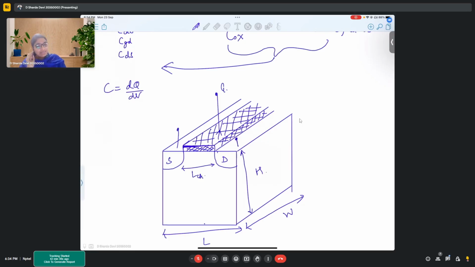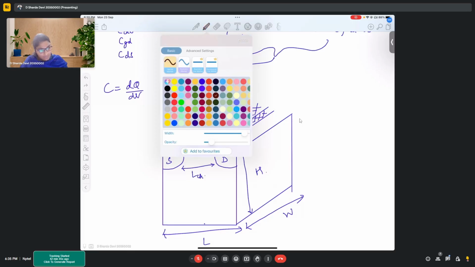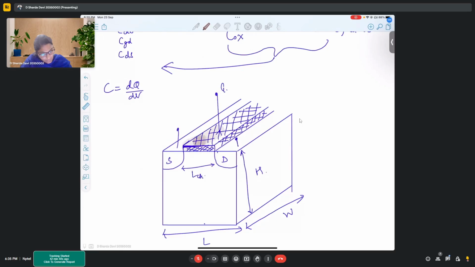So we see that this particular oxide which is present over here, over which you have your metal.